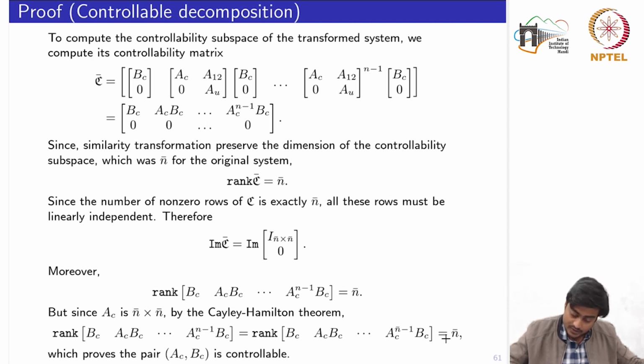So the rank of the rest of the matrix is n bar, which proves that the pair AC, BC is controllable. Okay, because we have discarded the matrices which were contributing towards the failing of the rank condition.